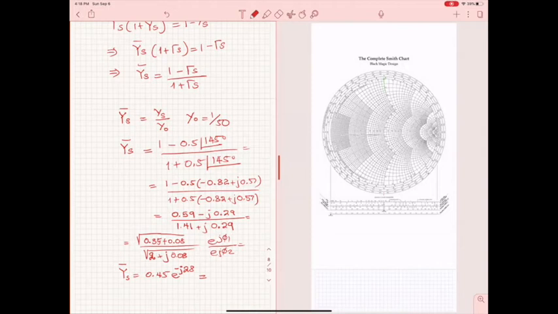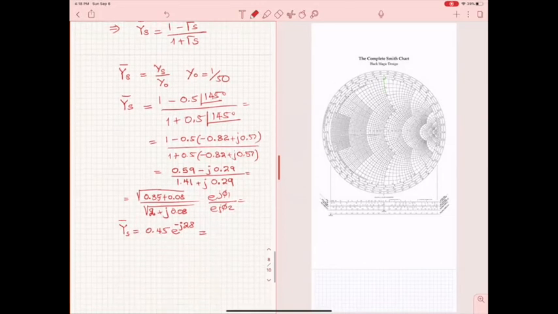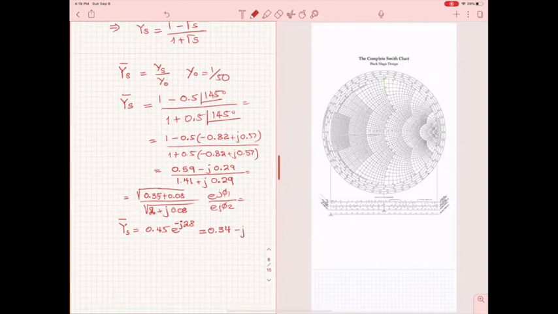Cosine 28 negative cosine. It's 0.88 times 0.45 equals 0.34, and then minus j, 28 negative sine times 0.45 equals minus j 0.21. Okay, so these are the normalized values.